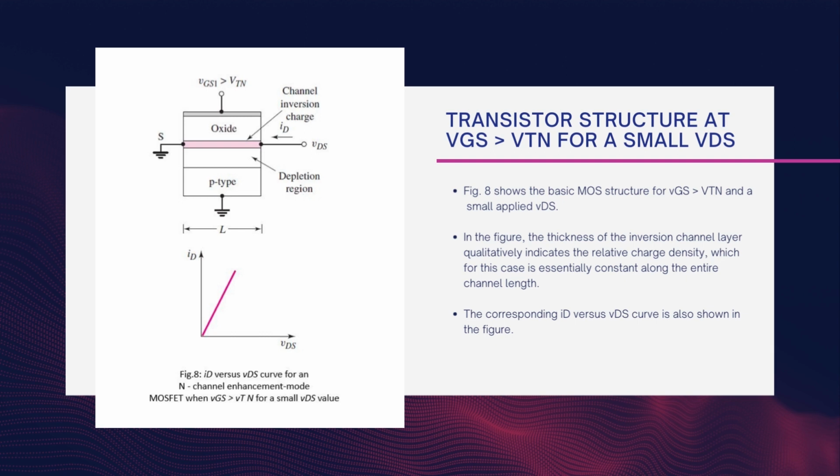So, here we can see a charge inversion layer and in the curve part we can see the curve between ID versus VDS. So, this is the condition when the gate voltage is greater than the threshold voltage and a small value of VDS is applied.